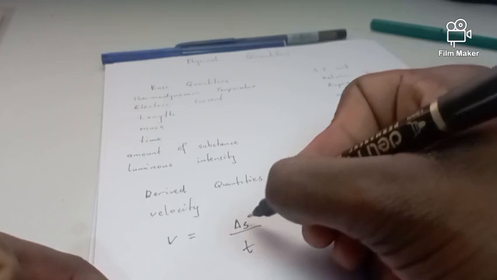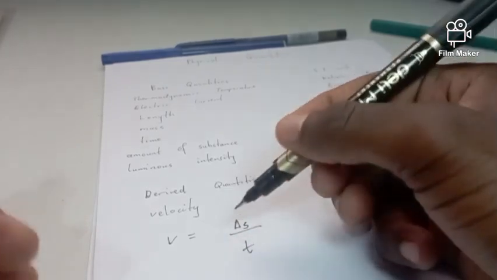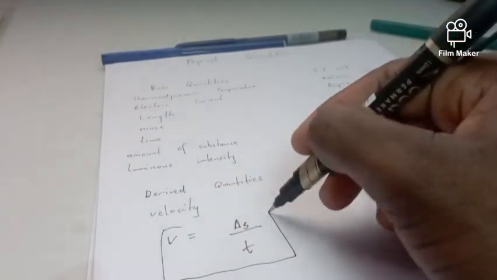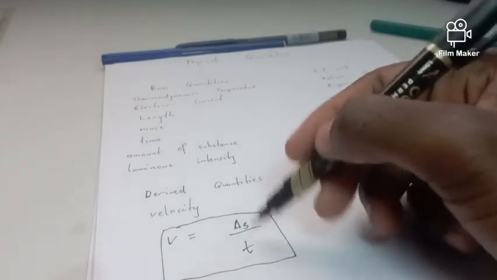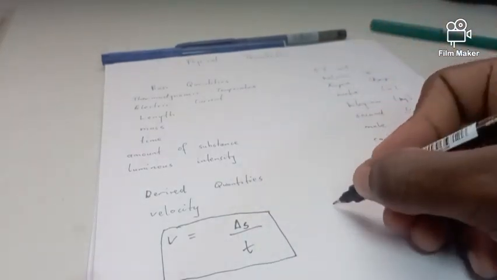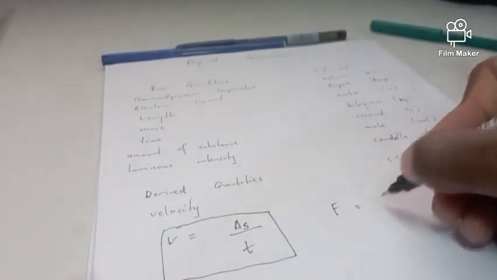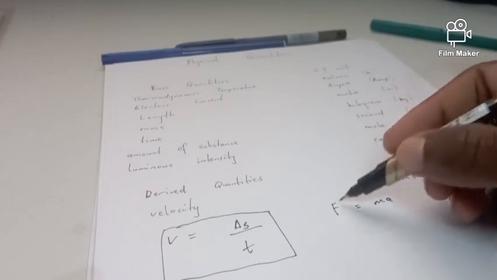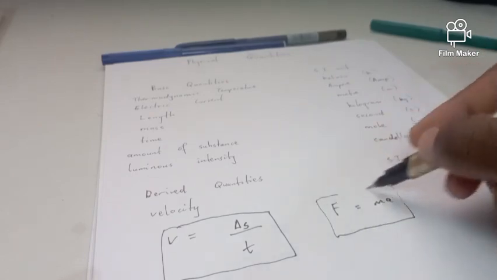So that's the quotient. That's how we represent quotients. Therefore it qualifies as a derived quantity because it has a quotient. We have, for example, force is equal to ma. This is a product of mass and acceleration, therefore it qualifies as a derived quantity.